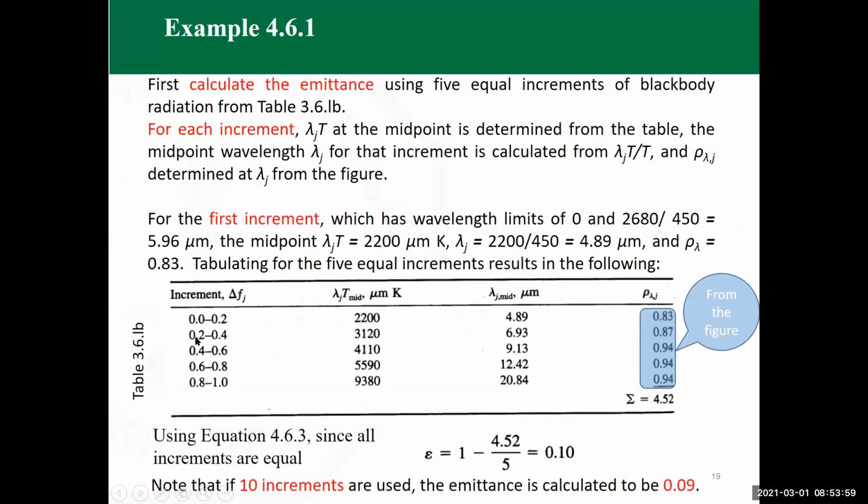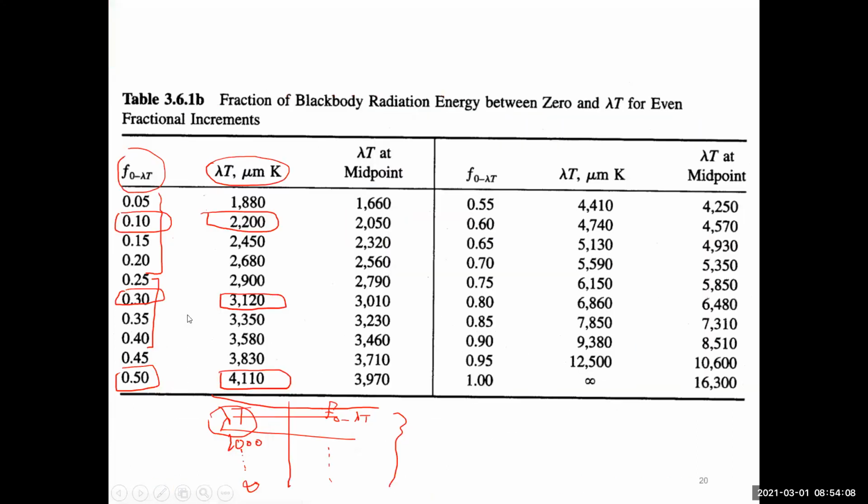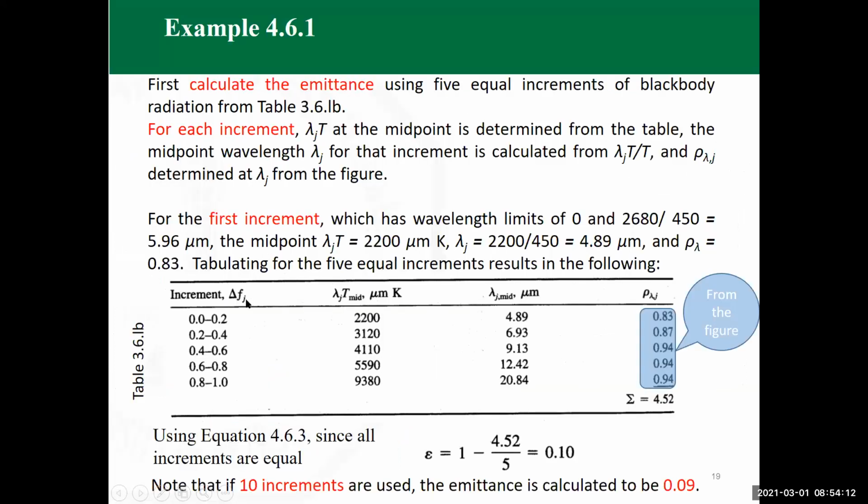Then from 0.2 to 0.4, the mean value is 0.3, and corresponding to 0.3 the value of lambda T is 3120, and we are doing it here. From 0.4 to 0.6, 0.5 is the mean value.